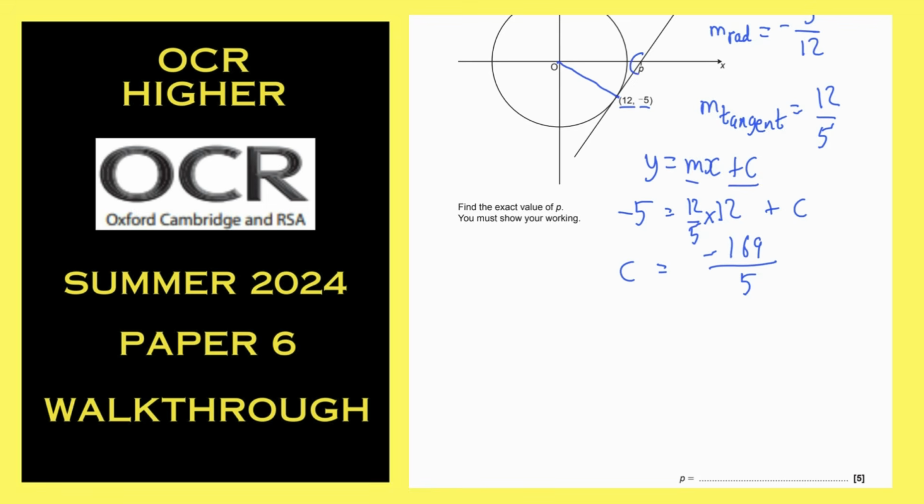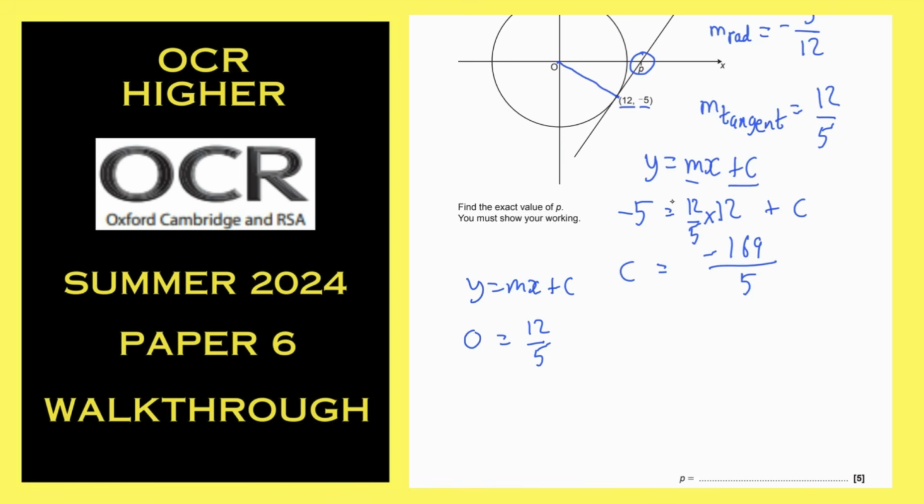Where is the coordinate P? P is on the x-axis. So when we go for y equals mx plus c again, we can replace the y coordinate with 0. The m, that's the gradient of this tangent, that's 12/5.